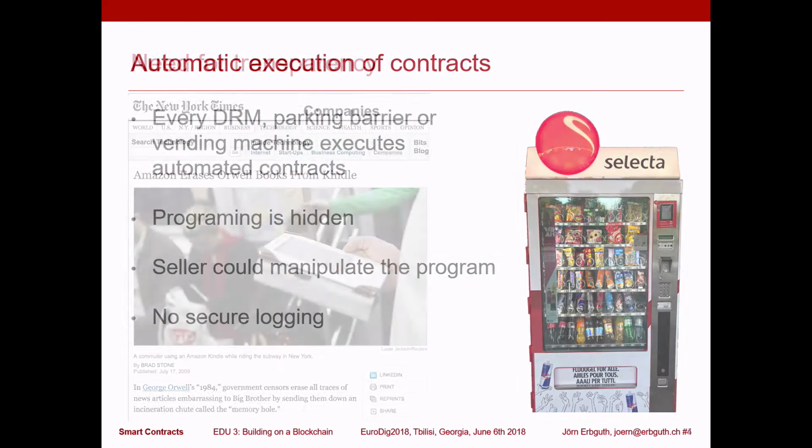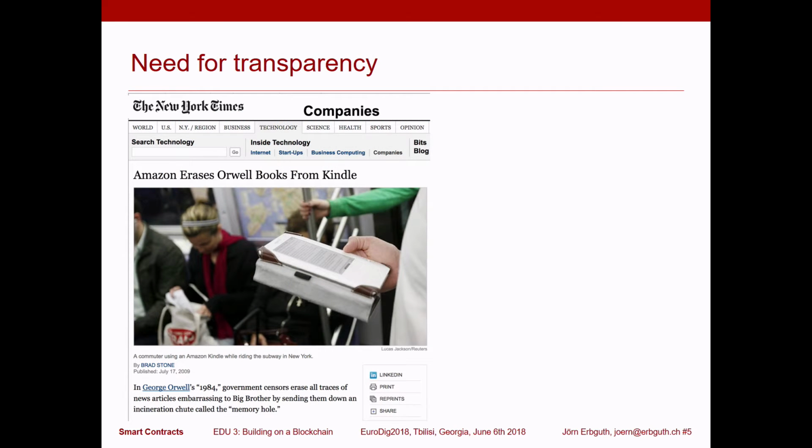And to give you another example, some years ago, Amazon introduced the Kindle reader, and people had 1984 on the Kindle reader. And later on, Amazon had some legal issues, and they removed 1984, the book, from the Kindle readers of the customers.